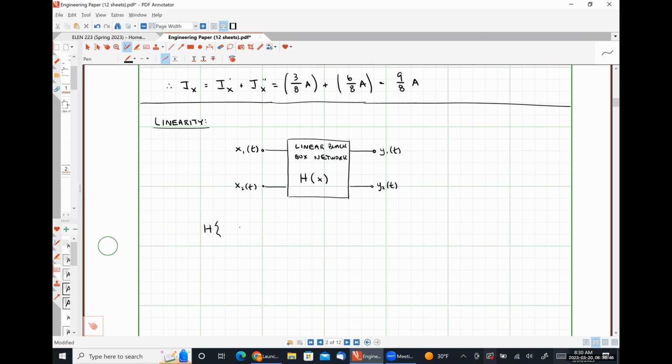h acting on x gives us y in a general sense. But we're going to split things up here a little bit because we have two inputs and two outputs, right?